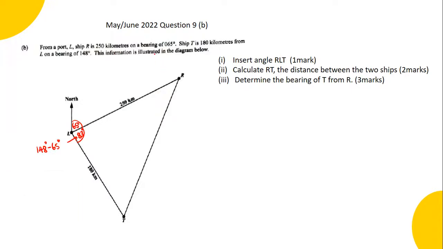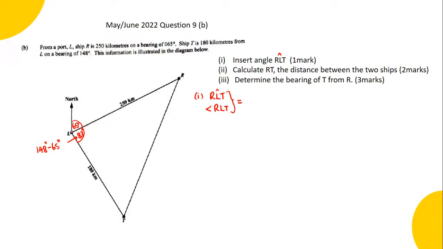Now, this information is illustrated in the diagram below. Insert angle RLT. This means that the angle is at L. The angle is always in the middle letter. Okay, so part 1, they want us to find RLT. It can be written like this, or they can write it as angle RLT. These two things mean the same thing.